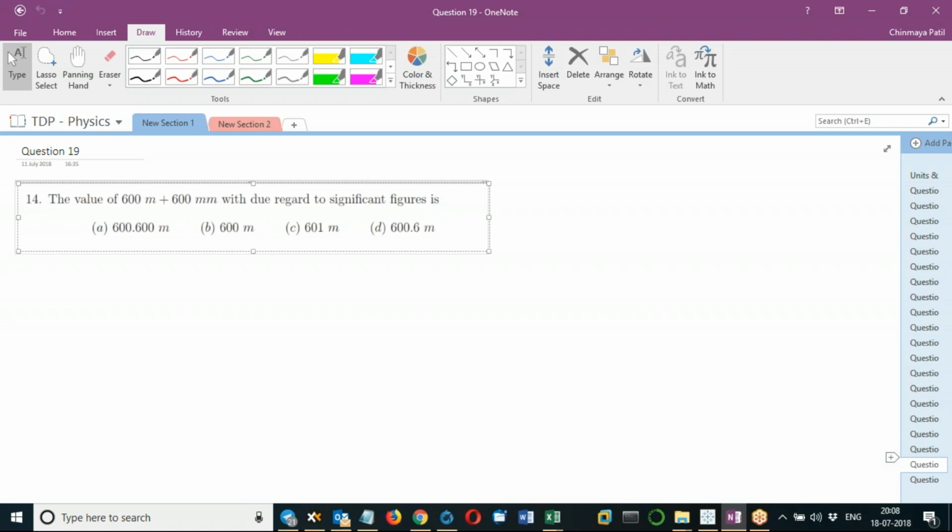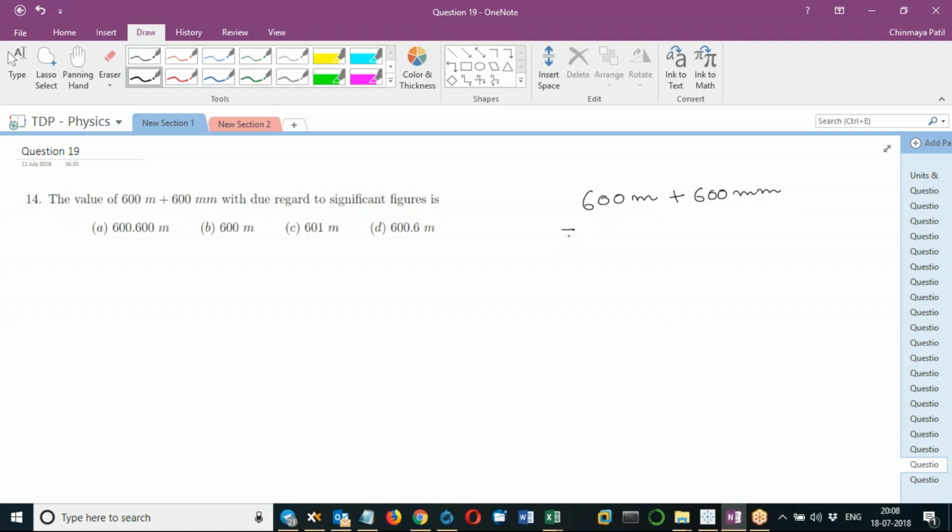So if we look into the calculation with the different units, it is 600 meter plus 600 millimeter. So this is equal to 600 meter.